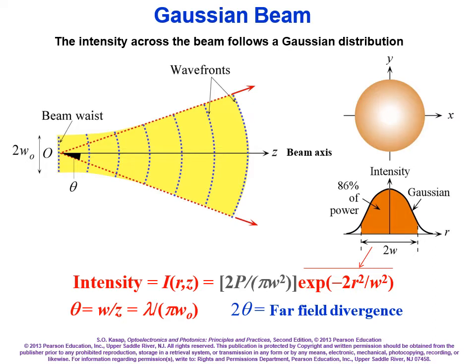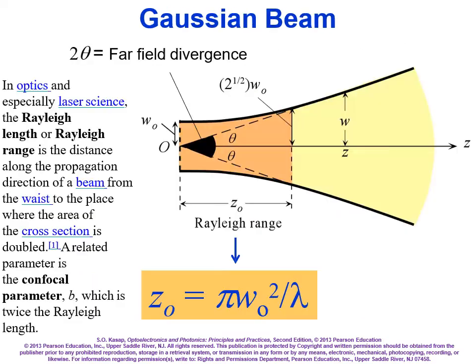If we explain simply, if a laser light goes out from its point, it starts to diverge. The Gaussian beam mainly shows how much it diverges. Here we can see the intensity of the power and the Gaussian power also. So 2θ equals the far field divergence.